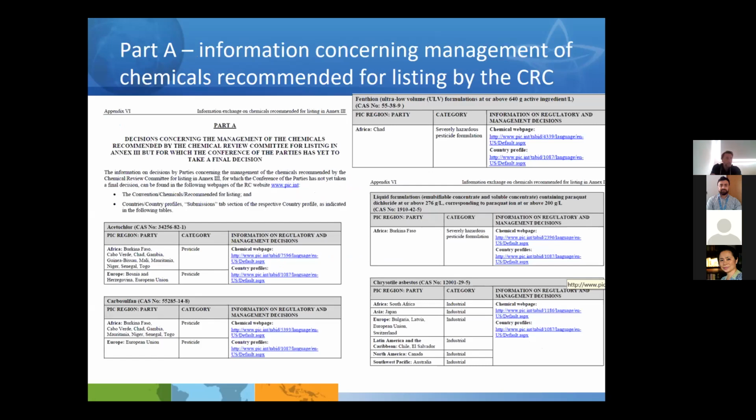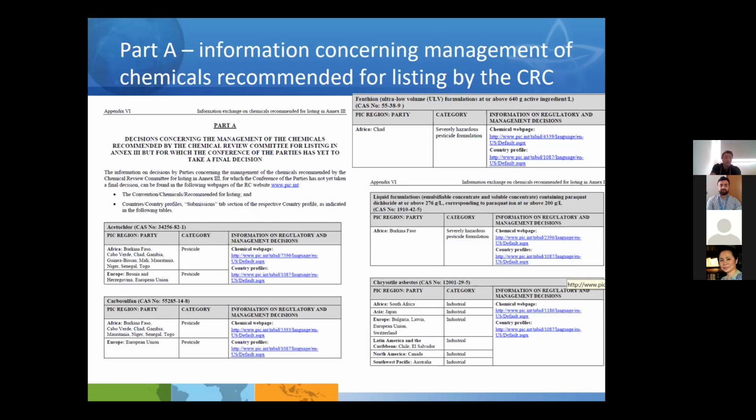Part A provides the reference of the information that has been submitted by the parties on their decisions concerning the management of these 5 chemicals recommended for listing. And we are providing, as you can see, the link to the notifications and to the chemicals web page dedicated for these 5 specific chemicals.